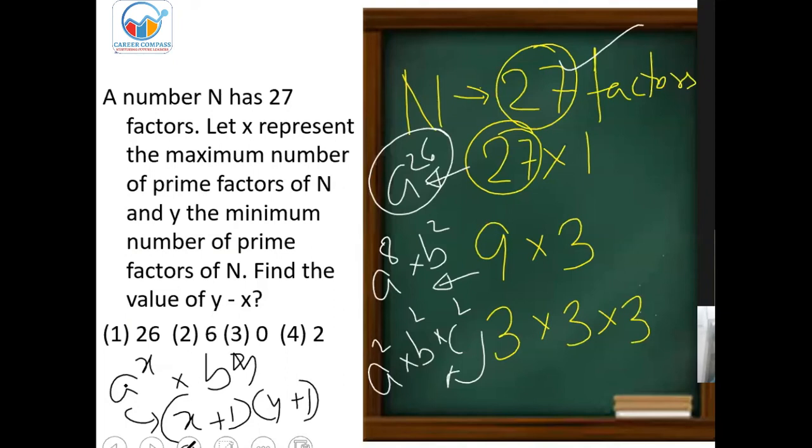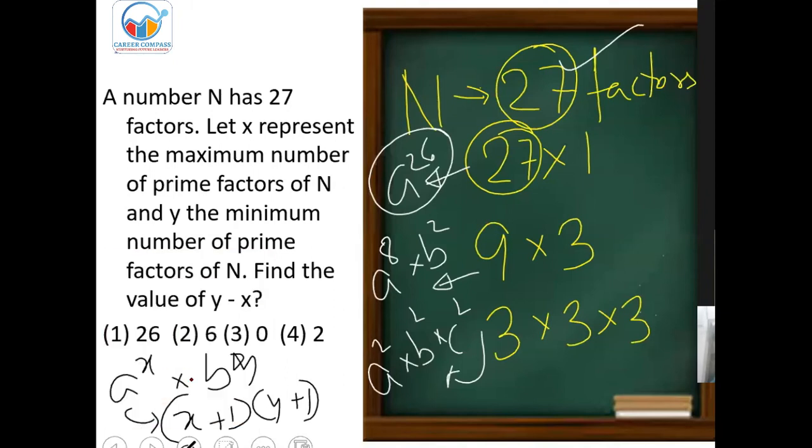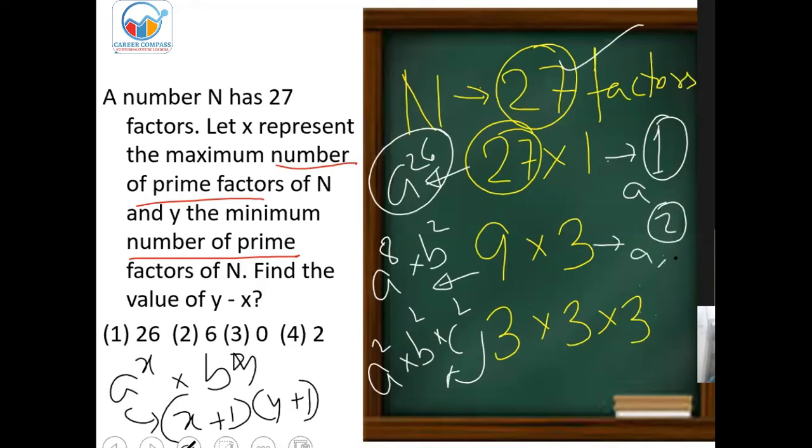What is the question, guys? The question is on the number of prime factors. Don't forget, what is the number of prime factors in this case? Only one, no? That is a. What is the number of prime factors in this case? 2. That is a and b.